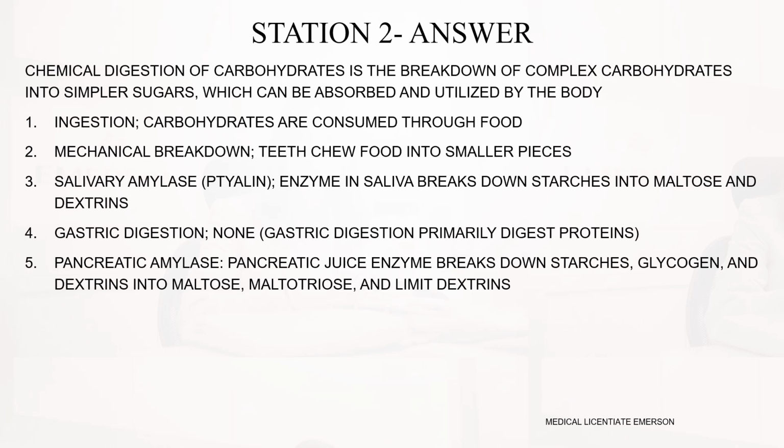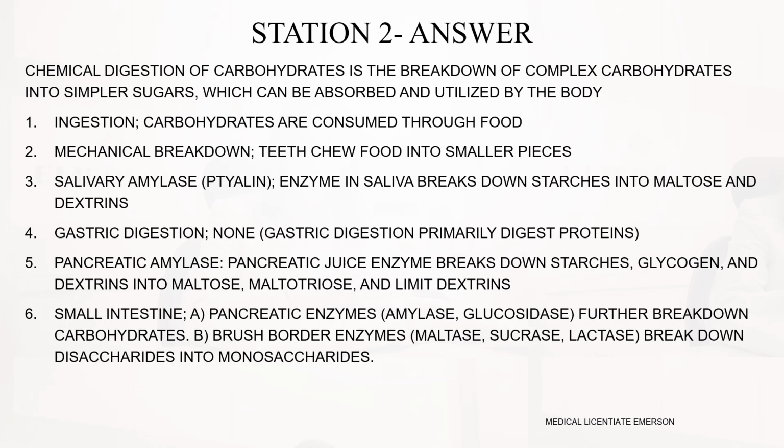This pancreatic juice enzyme breaks down starches, glycogen, and dextrins into maltose, maltodextrins, and limit dextrins. That's one thing you also have to know in terms of digestion of carbohydrates.